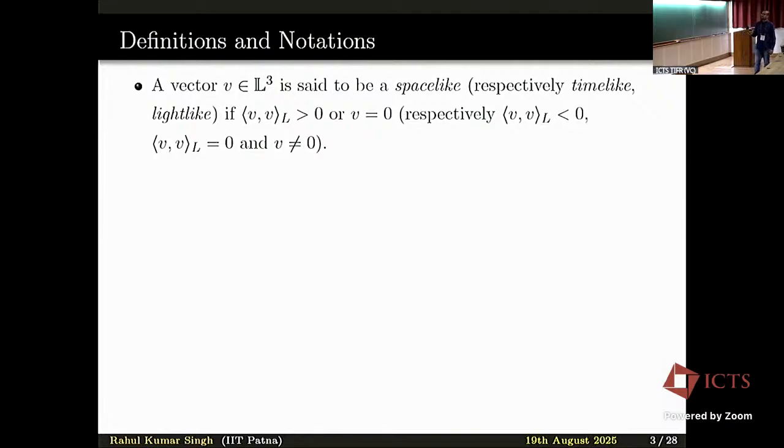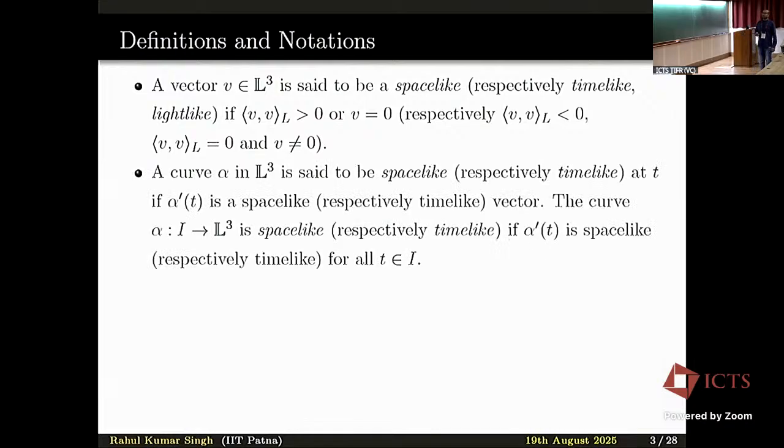If it is positive, we say it's space-like. By definition, the zero vector is chosen to be space-like. And then there are the light-like vectors. Although we are talking about this L3, our objects of interest are going to be just space-like surfaces. I will say what they are.